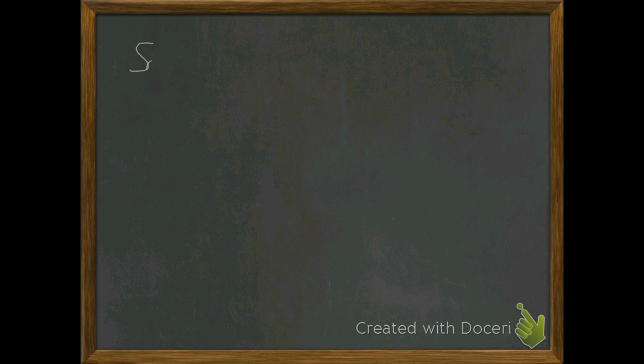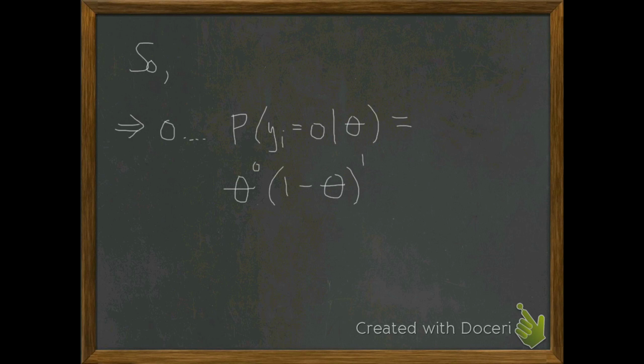So when we have in observation 0, which was not an error, we have clearly one minus theta.